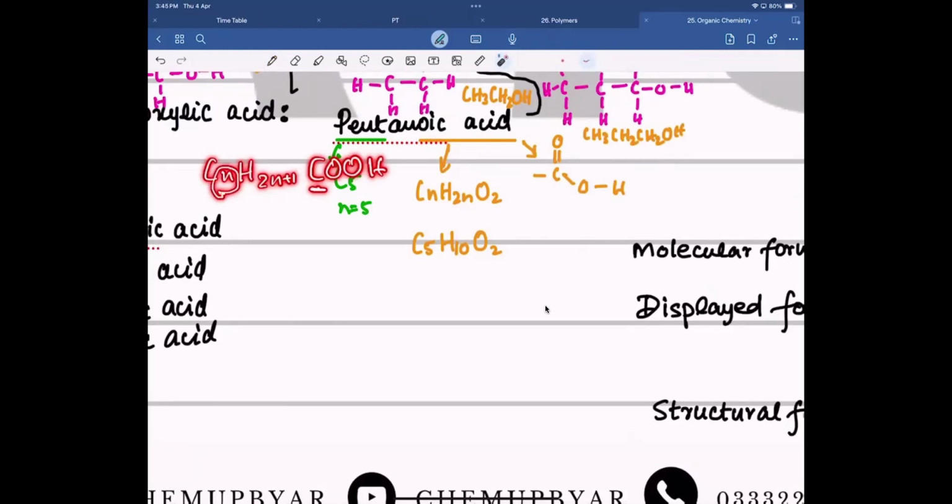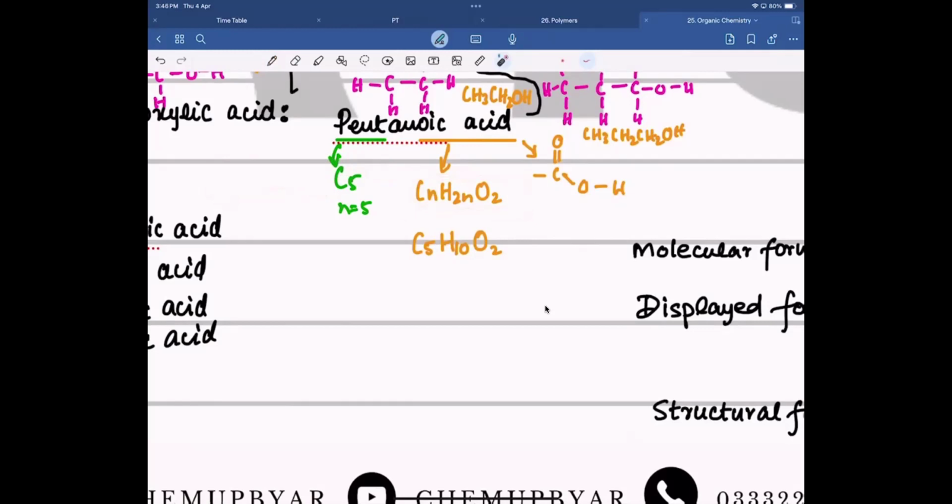For example, for butanoic acid, I have to keep the value of n as 3. For ethanoic acid, I have to keep n as 1. And for methanoic acid, for this formula, I have to keep n as 0. But for the other formula, you don't need to do such things. So it's very easy to memorize the formulas.